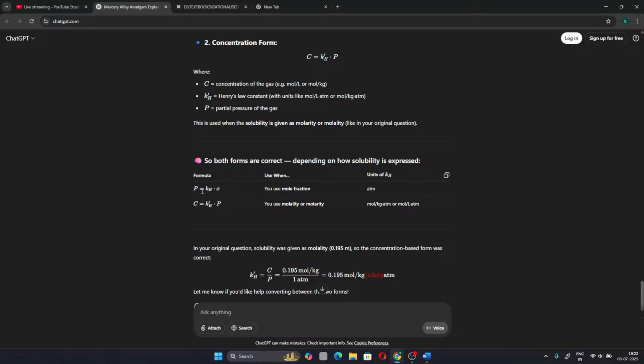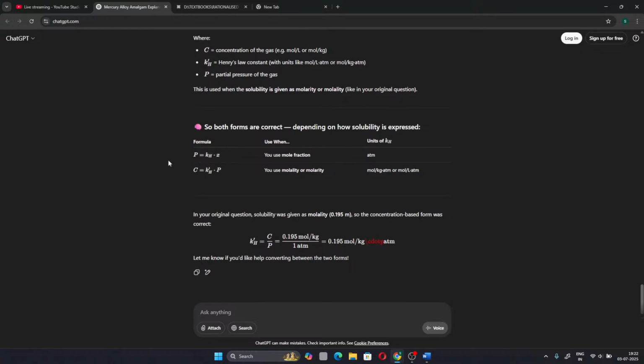The pressure and Henry's law have the same constant, but here pressure has a different unit, and because of such a reason they are going to differ.